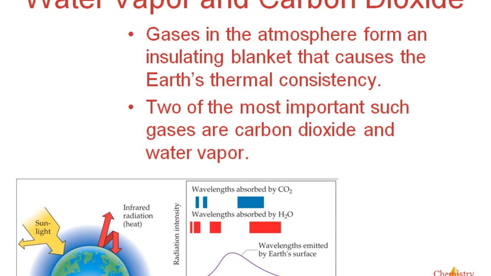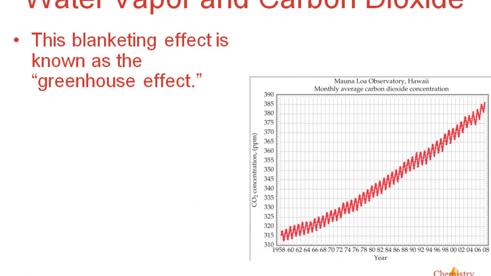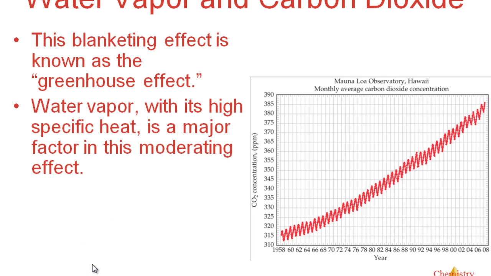Now, this blanketing effect is generally known as the greenhouse effect, and water vapor is the main reason for it. Water vapor has a high specific heat, and, as you know, good hydrogen bonding, therefore a high melting point, high boiling point, all that.